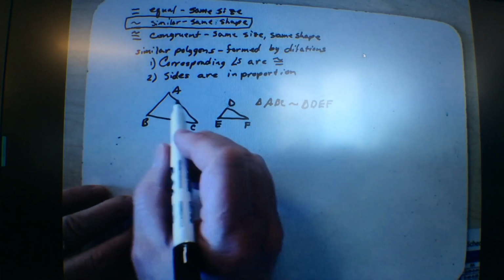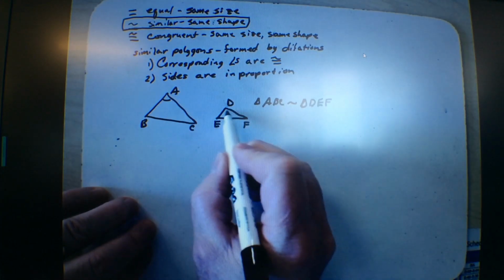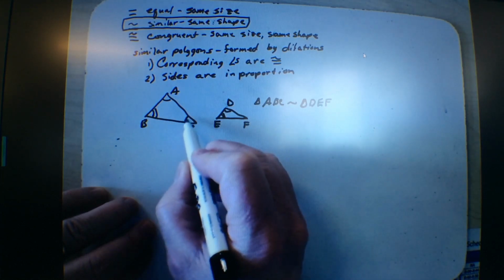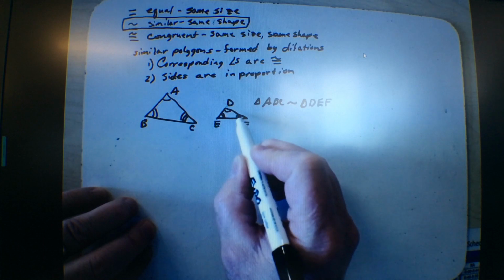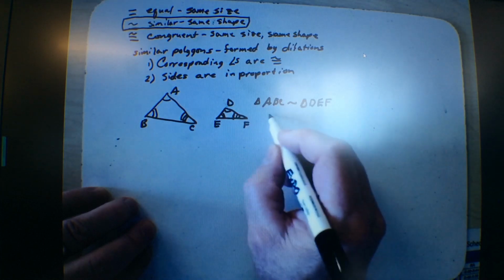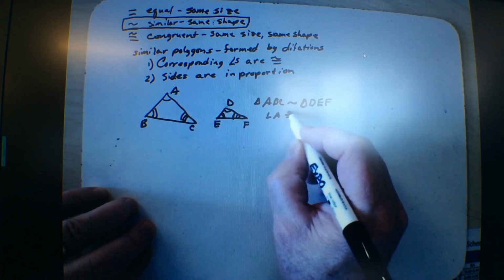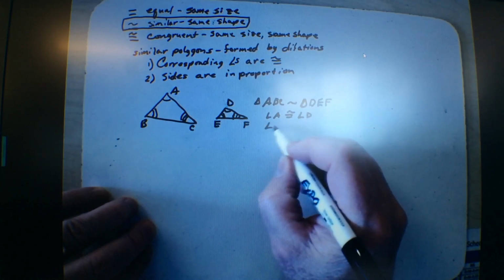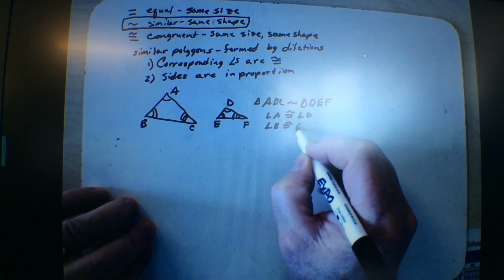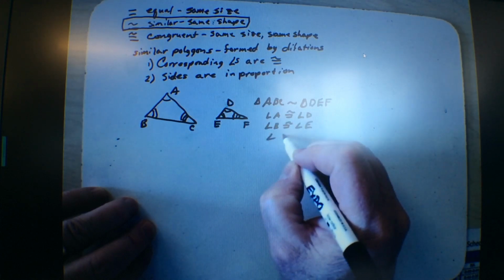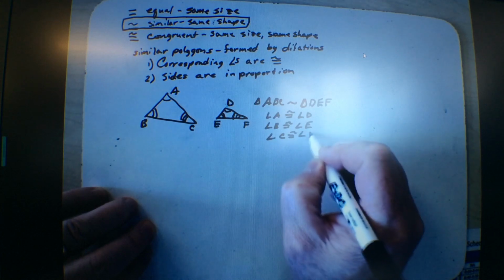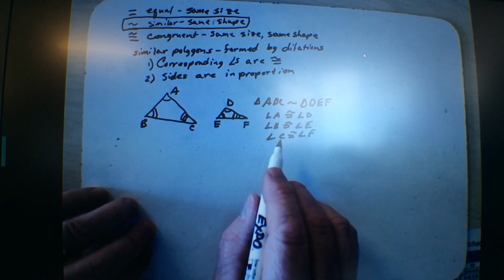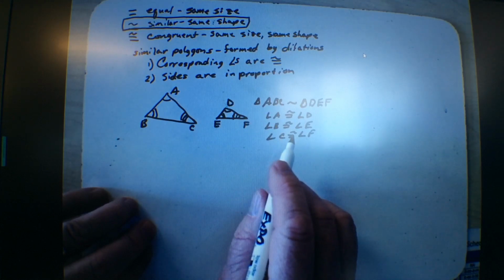So this angle is congruent to this angle, and so on. Angle A is congruent to angle D, angle B is congruent to angle E, and angle C is congruent to angle F.